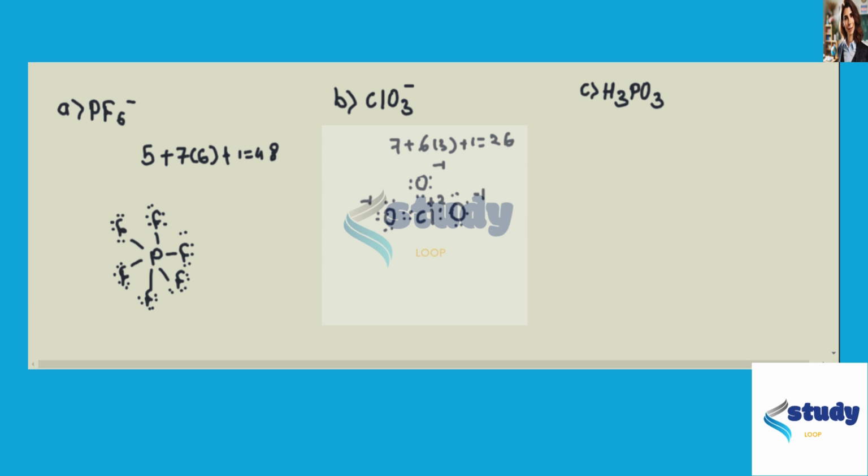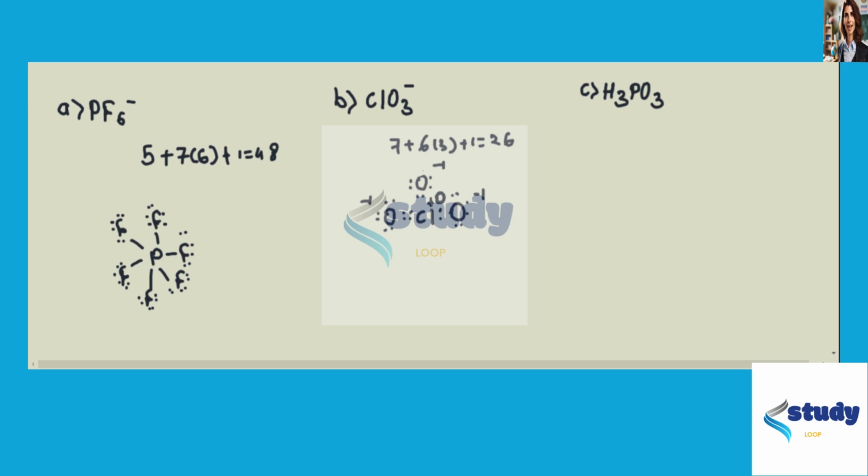By making those double bonds between the oxygens and chlorine, we get a formal charge of 0 on the chlorine, and 0 on these 2 oxygens right here, while this oxygen, the black one, has a -1 charge.